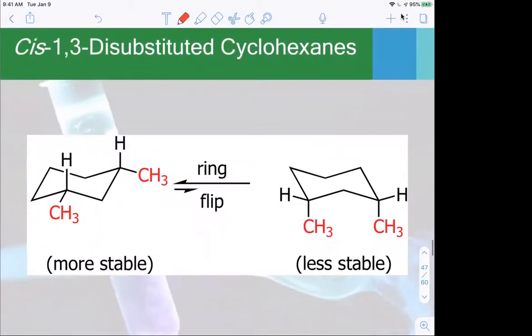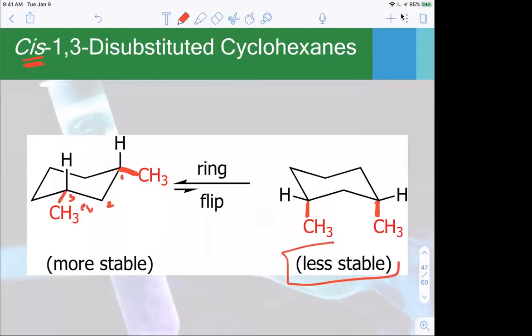Another example, this is cis 1-3. So I have 1, 2, 3. I can go 1, 2, 3 the other direction. It doesn't matter. I have both equatorial, right? This is down, this is down. That means it's cis. And then if I ring flip, I have down axial, down axial.